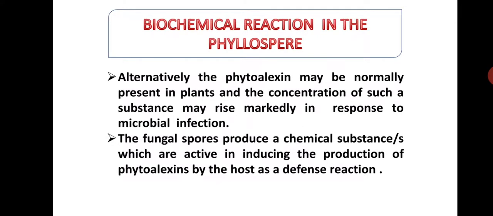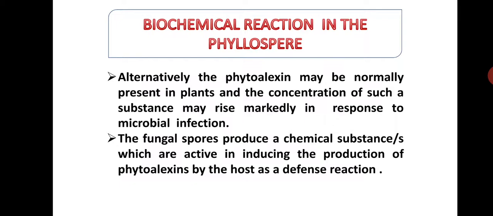All right. Phytoalexin may be normally present in plants also, and the concentration of such substance increases in case of microbial infection. So when there is a high rise of phytoalexin, the plant can be said to be infected, because in response to the attack of the pathogen, the plant secretes more phytoalexin. High concentration of phytoalexin simply indicates there is an infection, right?